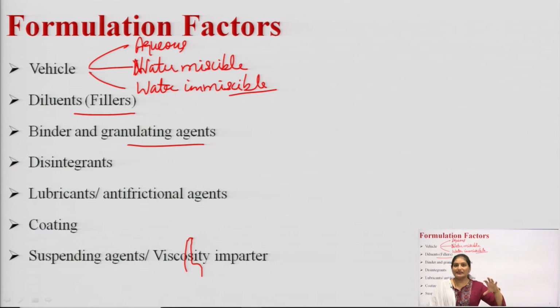Whenever we are mixing the disintegrant, at the same time lubricants should not be added into the mixture, because if these two are added at the same time, the lubricant will form a covering around the disintegrant layer, and they will reduce the wetting. Because of this reduced wetting, the drug substance cannot disintegrate.